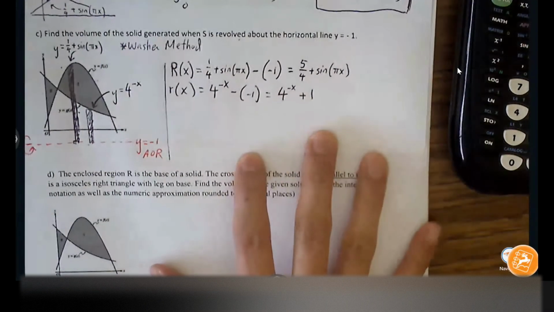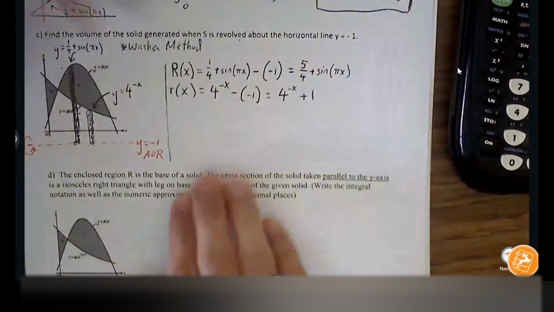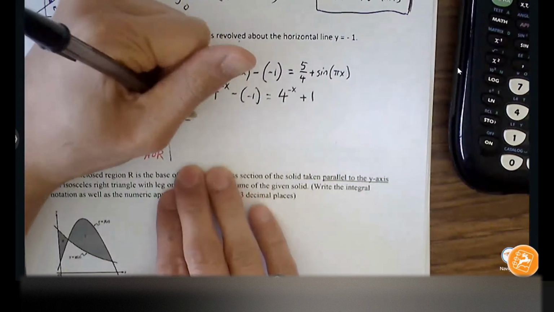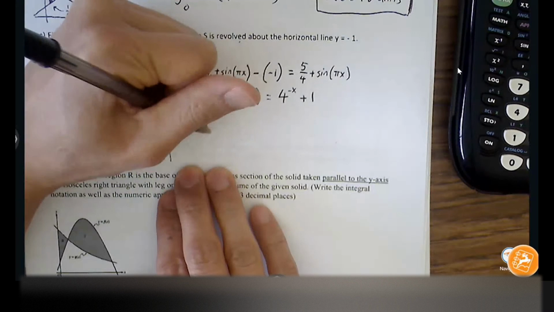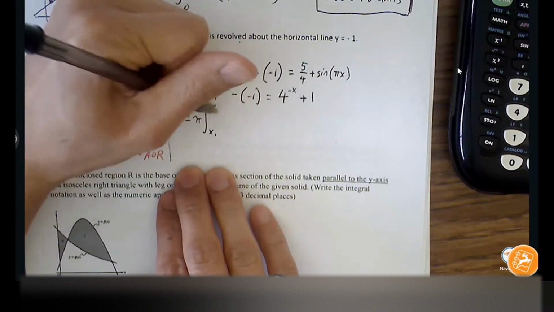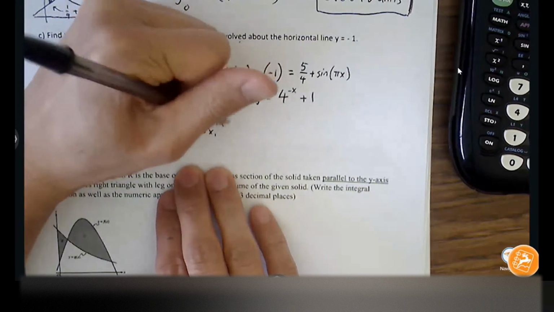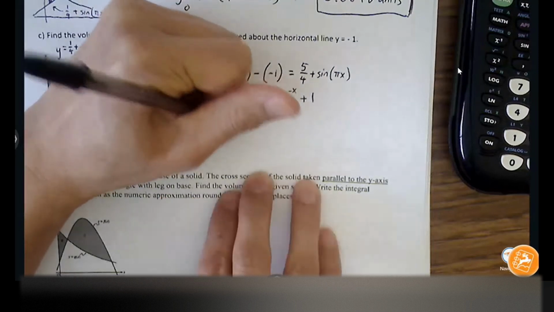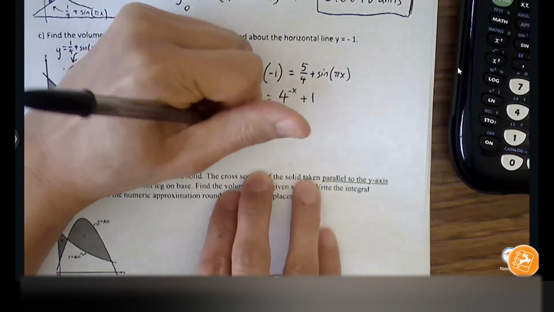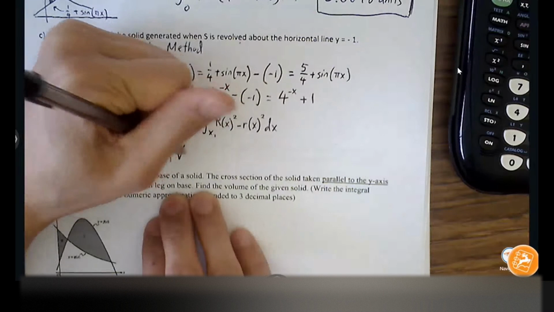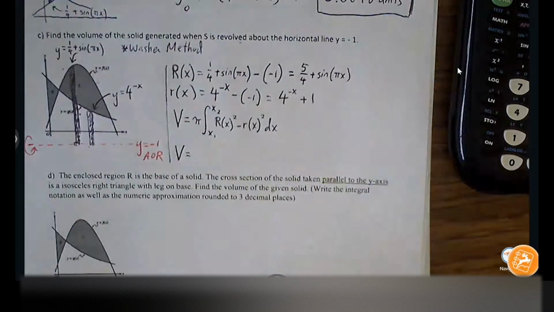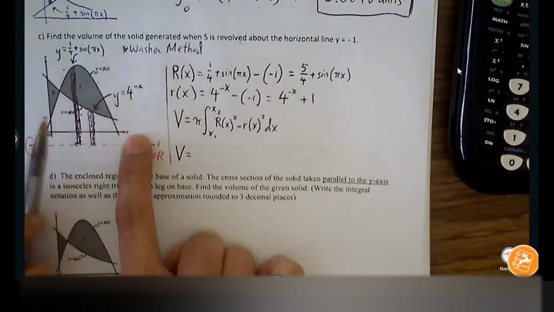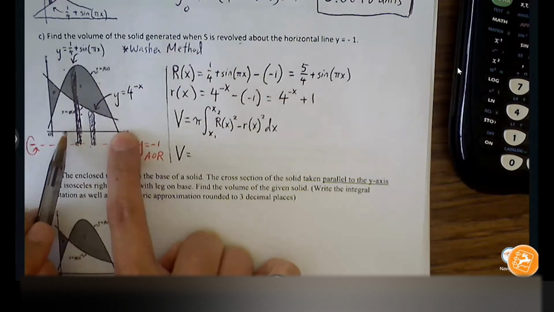All right, I think we have everything that we need to build our volume formula. From x1 to x2, we're just looking at region S, so we're starting at 0.178 and we're going to 1.